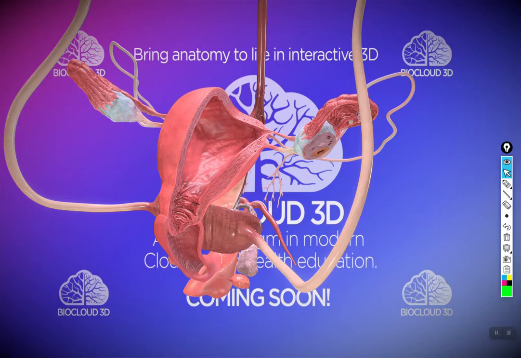And as you can see from the model, although the vagina is inferior and also posterior to the bladder and the ureter, the uterus tilts forward in the pelvis such that it's above the bladder.